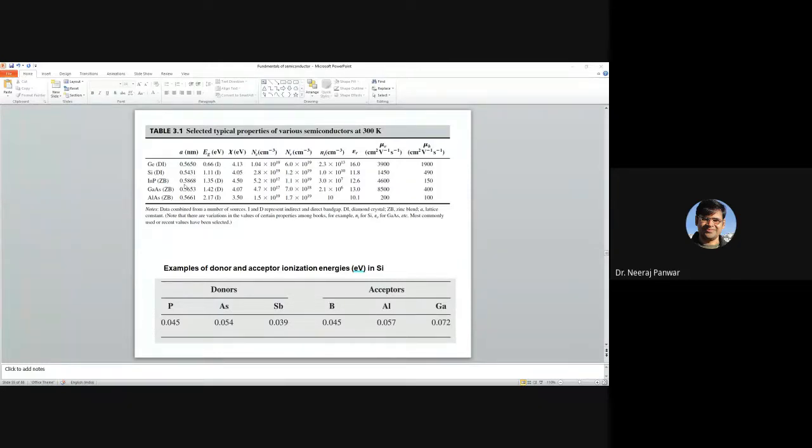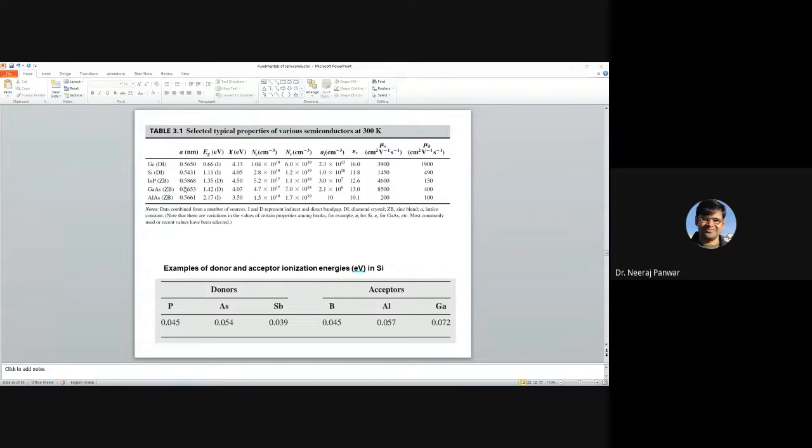Indium phosphide, gallium arsenide, and aluminum arsenide are all binary semiconductors because they have two elements in them. So they possess the zinc blende structure, which is also analogous to the diamond structure, but in this structure the atoms are different. One is gallium, the other is arsenic. That's why it is the zinc blende structure.